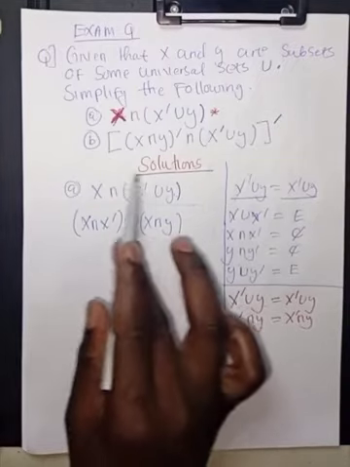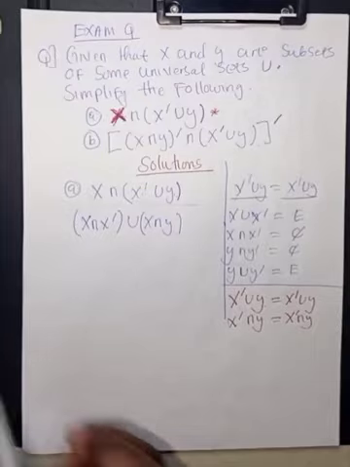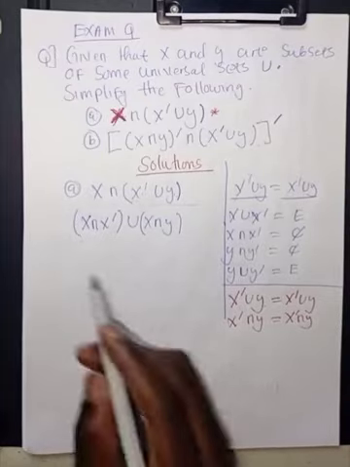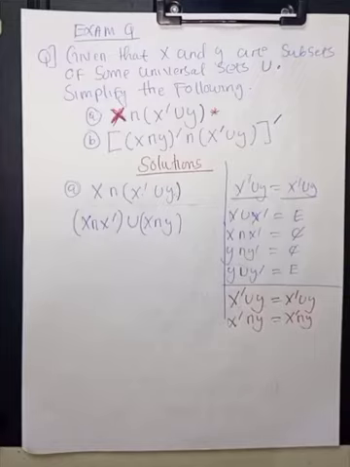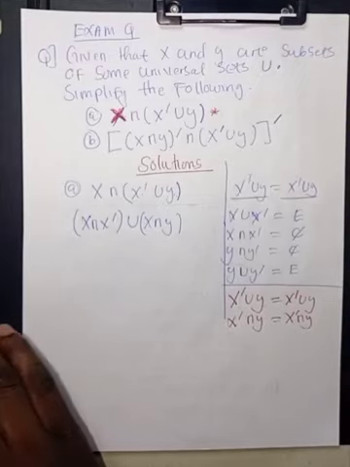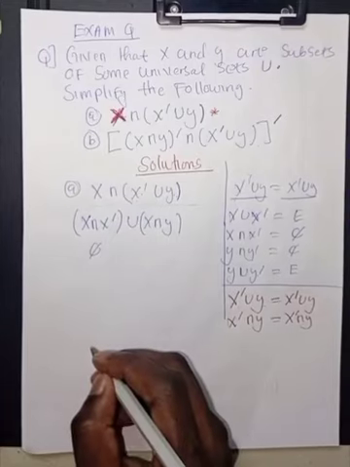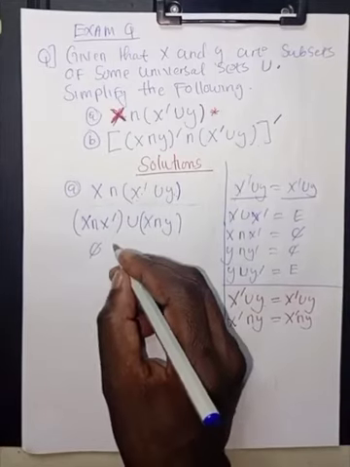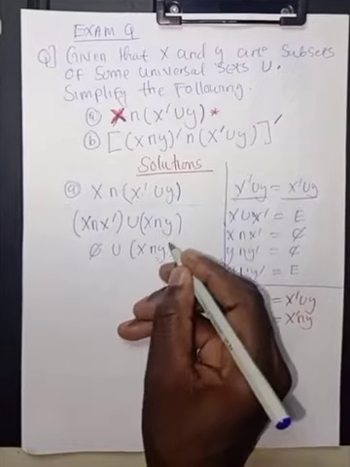We have just converted this one to the expanded form of the distributive law. Then we have some ideas of what X intersection X complement is. Intersecting a set with its complement, the answer is basically the empty set. So it is the empty set union X intersection Y.